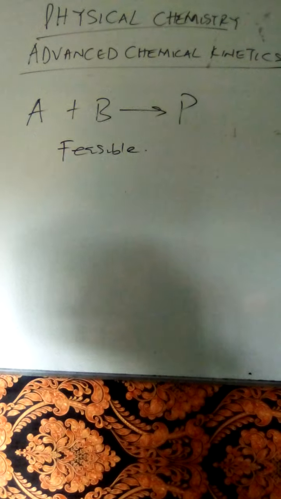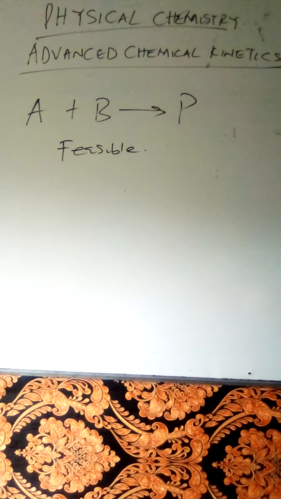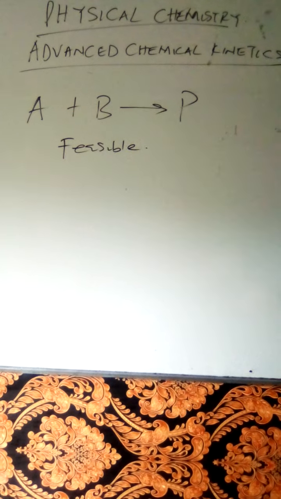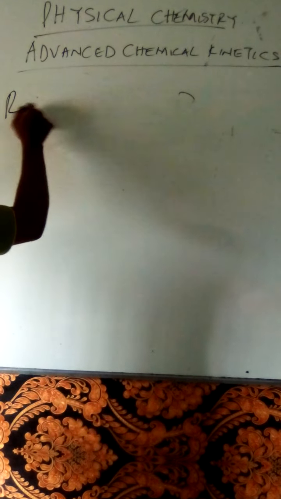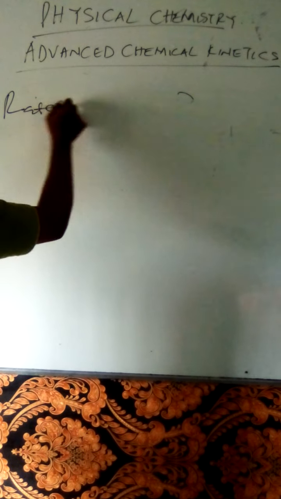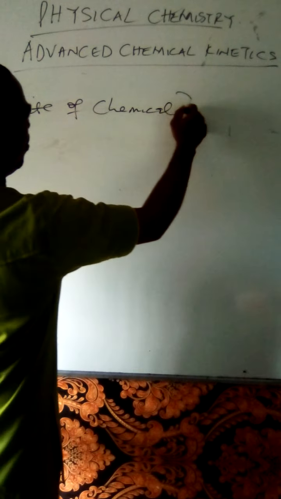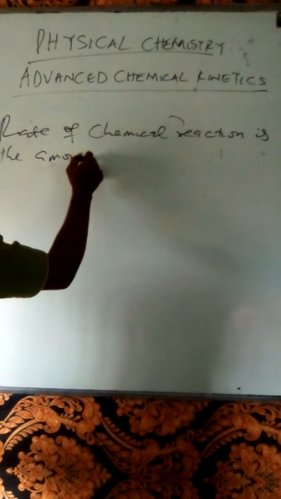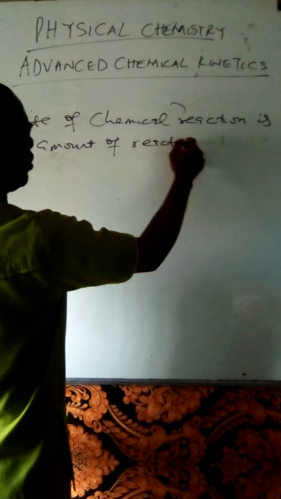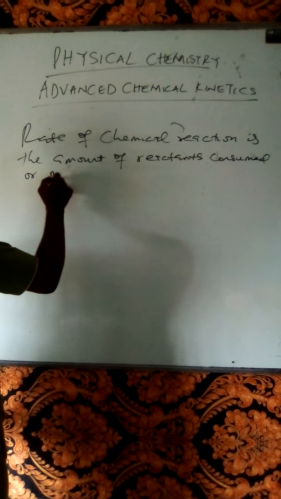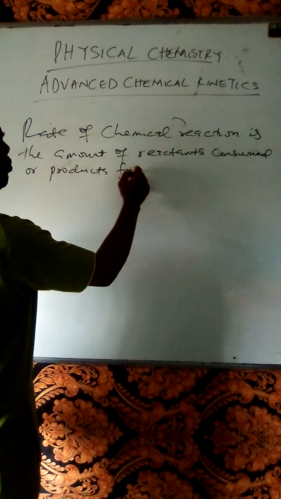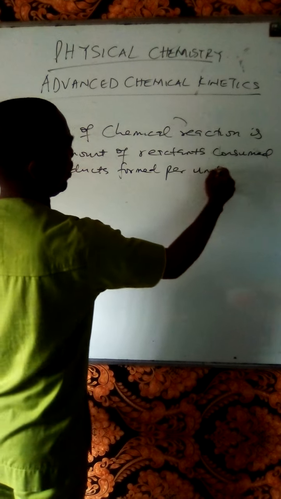Now, what is the rate of chemical reaction? The rate of chemical reaction is defined as the amount of reactants consumed or products formed per unit time.